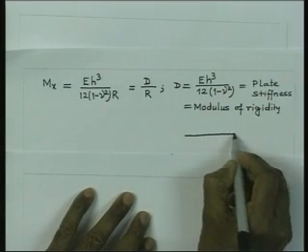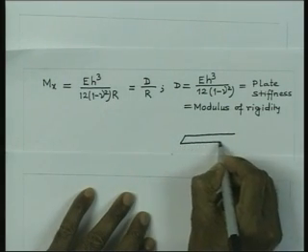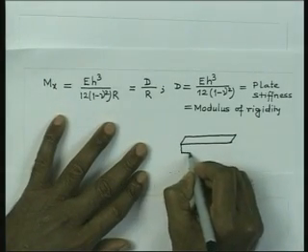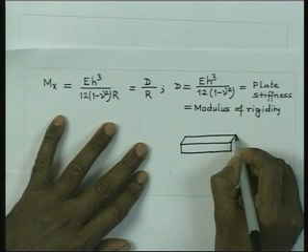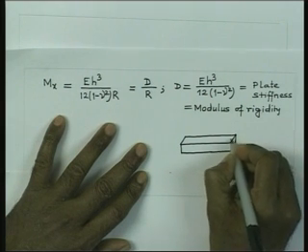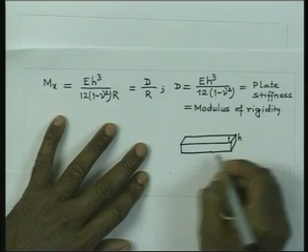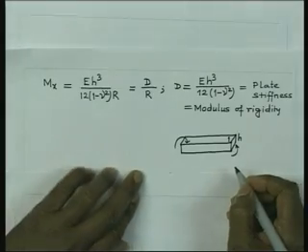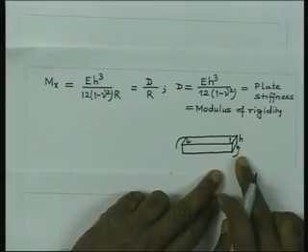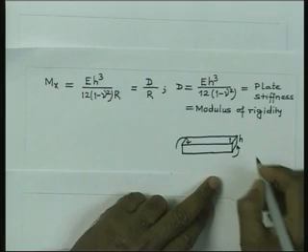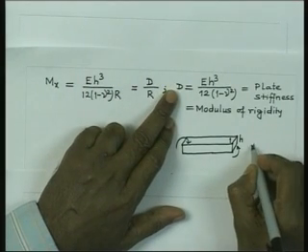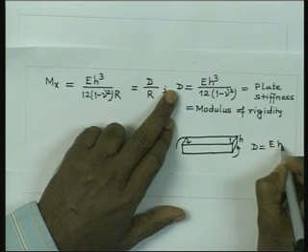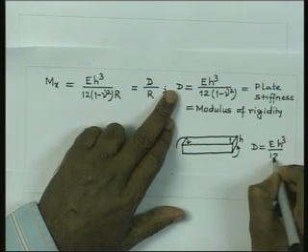If I had a beam like this, of width 1 and height h, and we are trying to apply bending moment like this, then in that case D for this case is nothing but E into I, which is E h cube by 12.